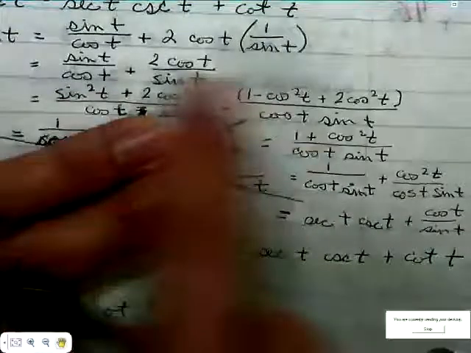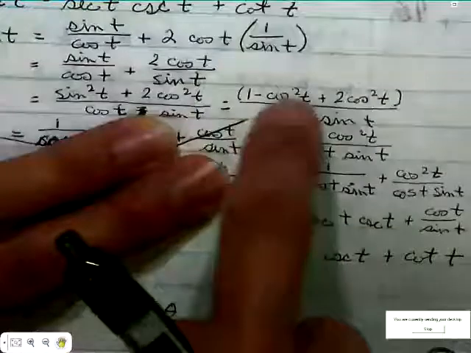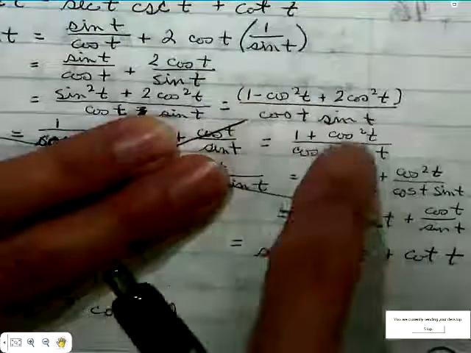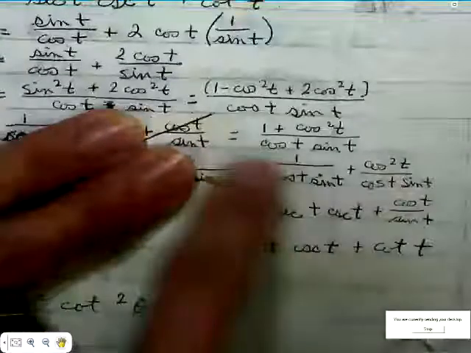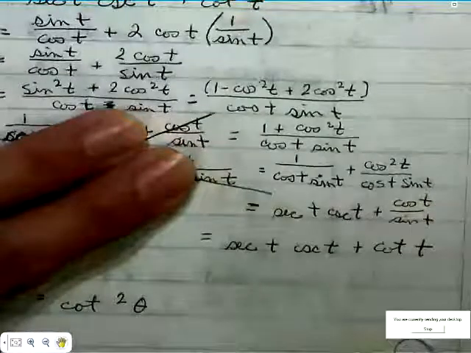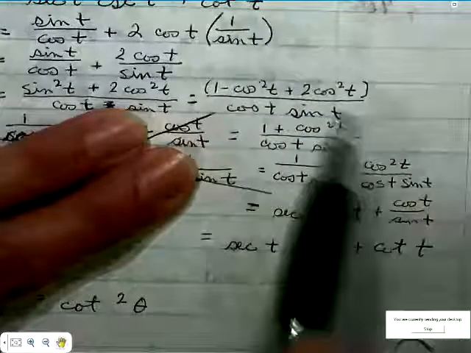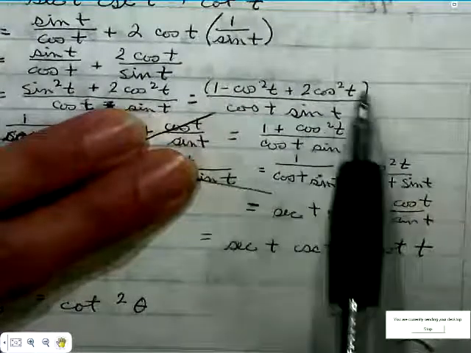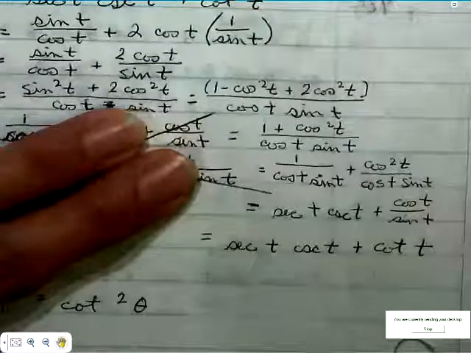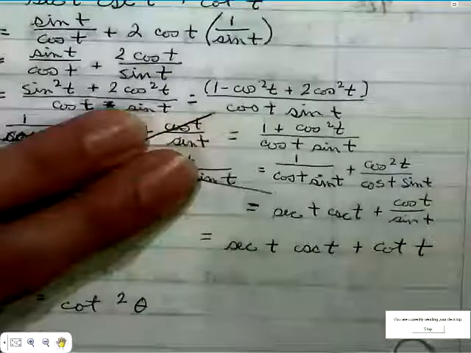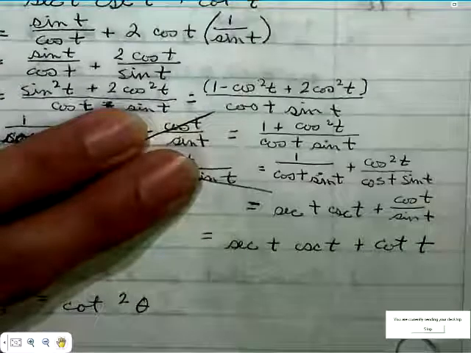So the 1 minus cosine squared plus 2 cosine squared combined to just give me cosine squared. And from there, I split it up and did the same thing you did. So the only step that's different is this one. And they look about the same level of difficulty.